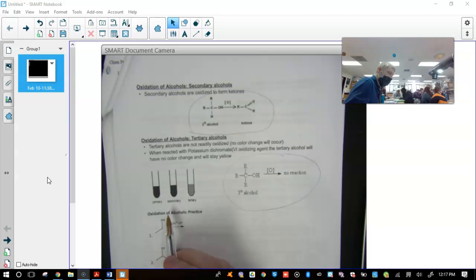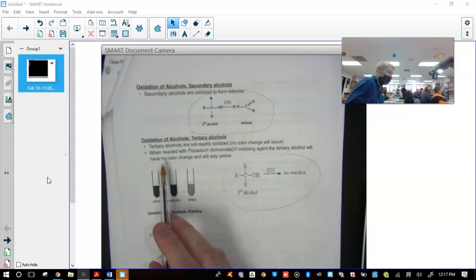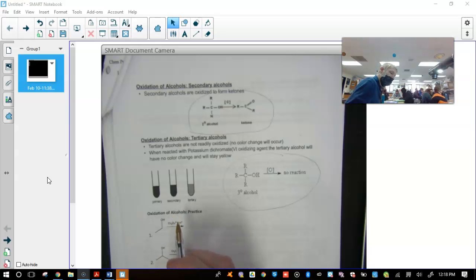And important to know, the tertiary will not change color when you add potassium dichromate, which is an indicator. But when you add it to a primary or secondary, it will turn, I believe, green is the color.